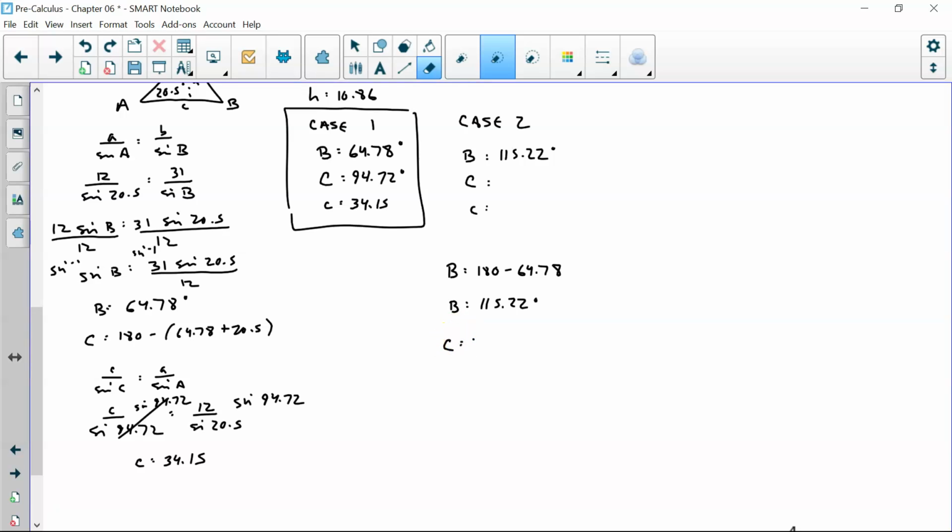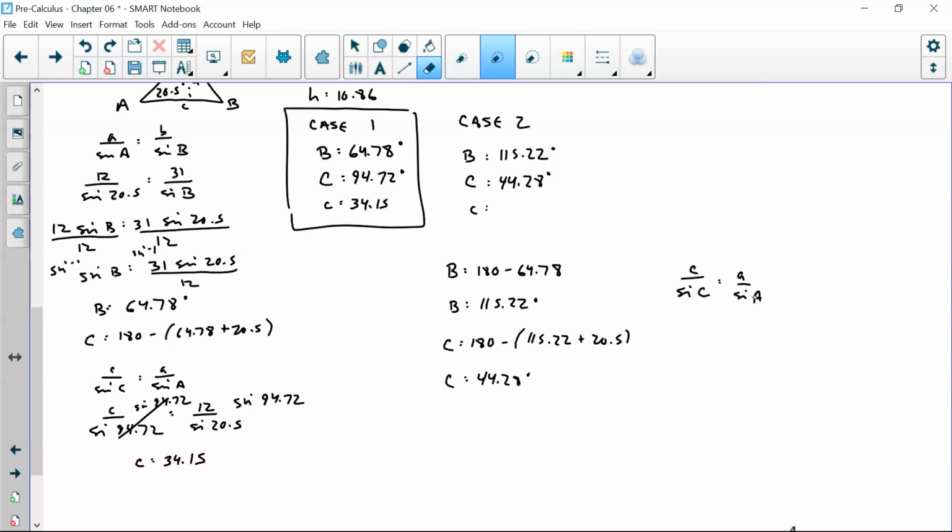Meaning that angle C is going to be 180 minus the sum of 115.22 plus 20.5. Meaning that angle C would have a measure of 44.28, where angle C is the acute angle this time. And then we would find side c using our law of sines. c over the sine of C equals a over the sine of A, using our new values.